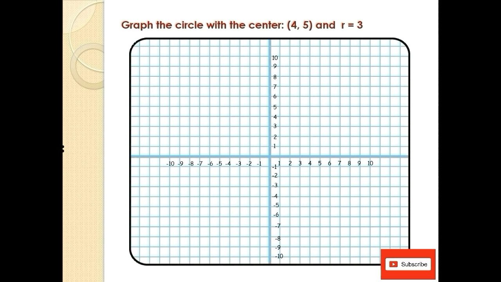Again, we locate first our center. The x-coordinate is positive 4. The y-coordinate is positive 5. Locate the center. Now, using our radius of 3 units, let us identify 4 points in our circle.